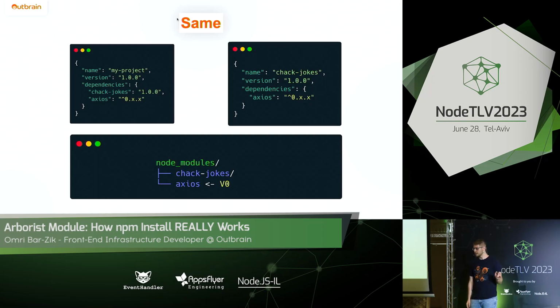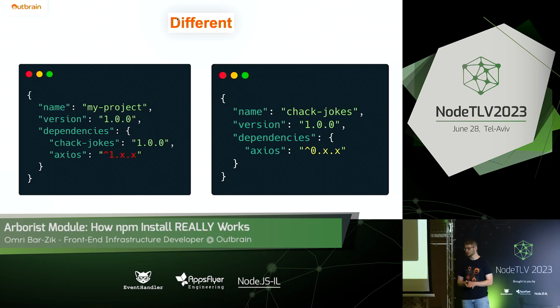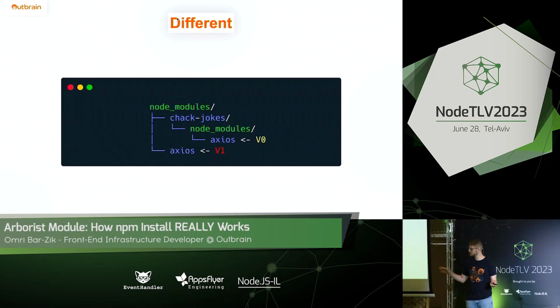Now, in this scenario, ChuckJokes only has Axios version 0, and my project has both Axios and ChuckJokes, but with Axios on version 1. When I run npm install in my project, I will see this node modules structure.